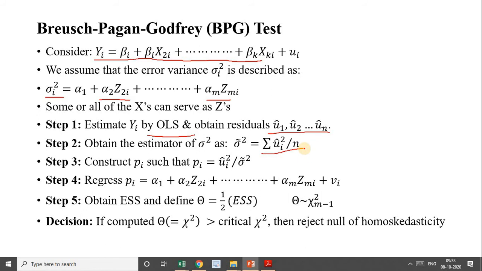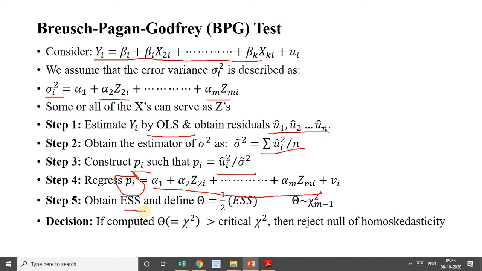Then construct a new variable called pi, which is u cap square divided by sigma tilde square. Then take this pi as the dependent variable and all the remaining X as independent variables, run a regression, and obtain the ESS.